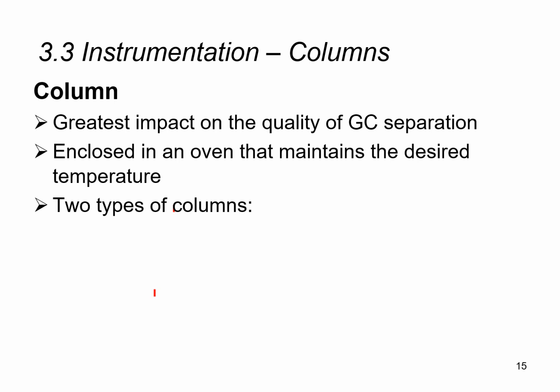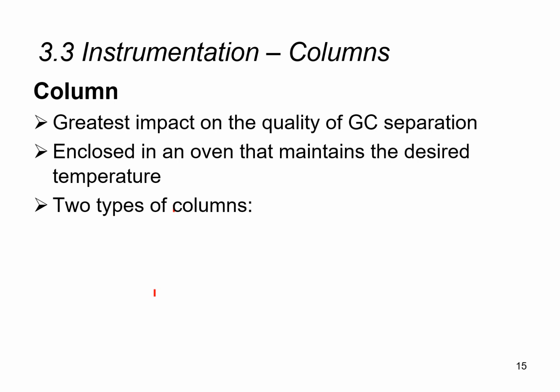If a sample mixture is passing through the column at 150 degrees, and the same sample mixture passes through the column at 200 degrees, we'll find that the retention times of these chemical components, even though they're the same chemical components, will be different. So in order to keep the retention times the same so that we can compare, we usually have an oven that controls the temperature of the column.